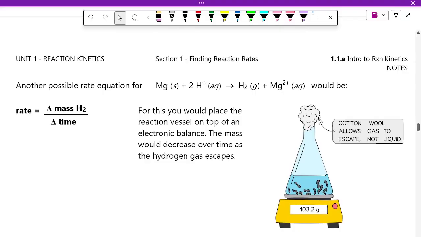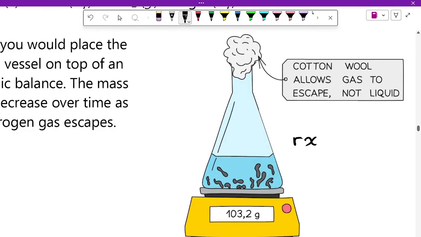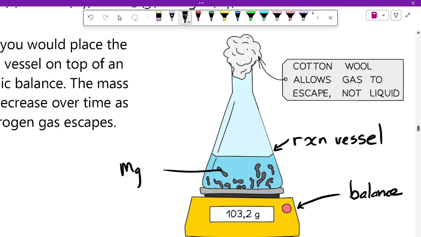Here is a way that we could look at the mass of the H2 over time. What we would do is literally just put our reaction vessel on top of a balance. And this is our Mg, and this is our HCl.